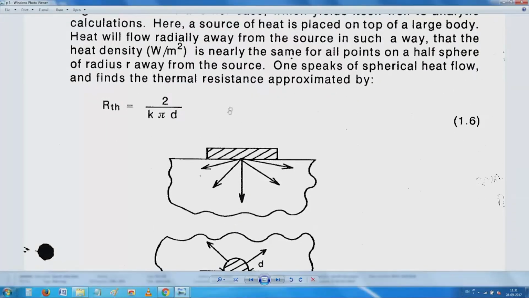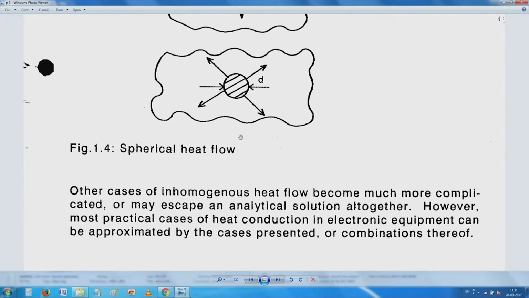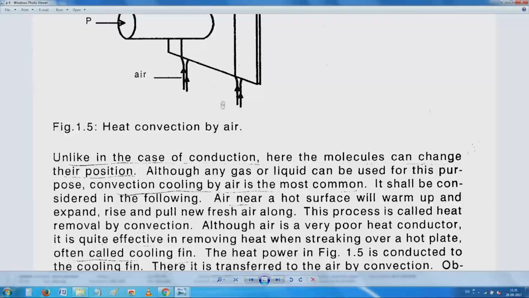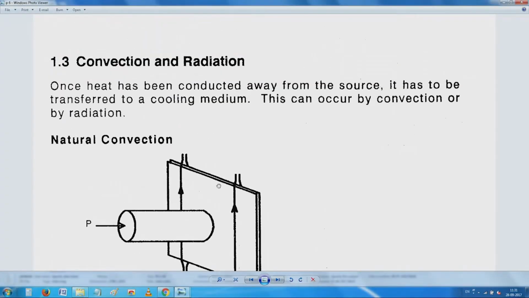The next picture in the notes takes us to... maybe I will start here and repeat it. We have noticed that the so-called heat sink is nothing but a bridge or a conductor away from the source.